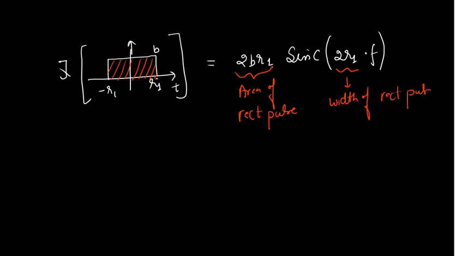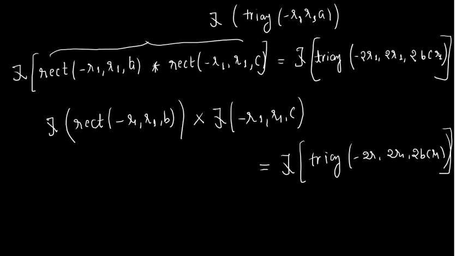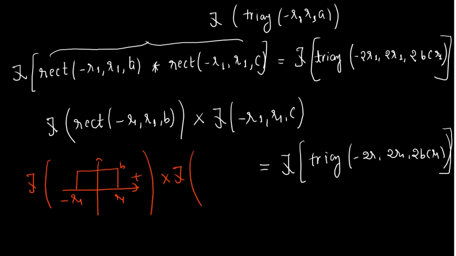So the Fourier transform of a rectangular pulse is this. Equivalently, this signal is minus R1 to R1 with height B, and the Fourier transform of the other signal is for minus R1 to R1 with height C.